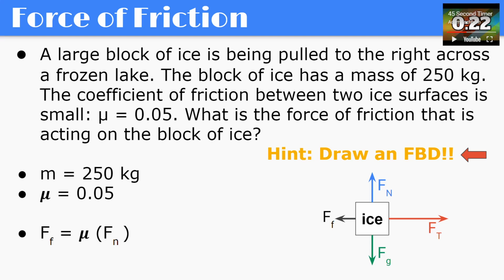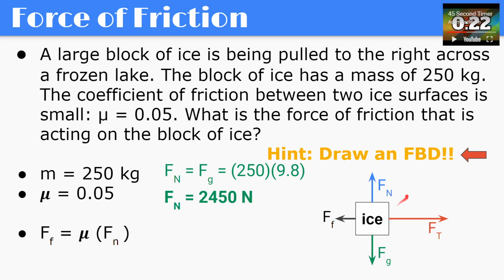If I solve for Fg, which I do have an equation for, Fg is mass times gravitational acceleration: 250 times 9.8. Technically it's negative for weight, but I'm just looking for the magnitude since they're going to be equal and opposite to each other. So that's 2450: Fn is positive 2450, and Fg is negative 2450. They have the same value, just opposite signs.